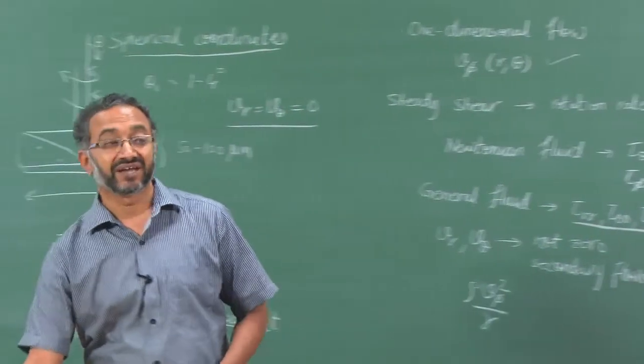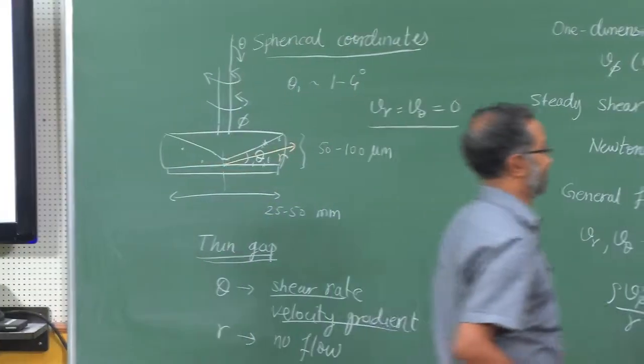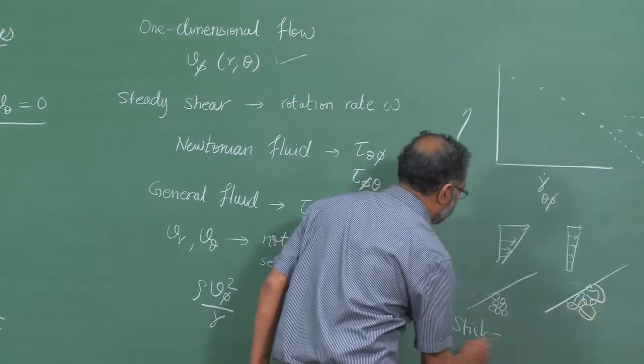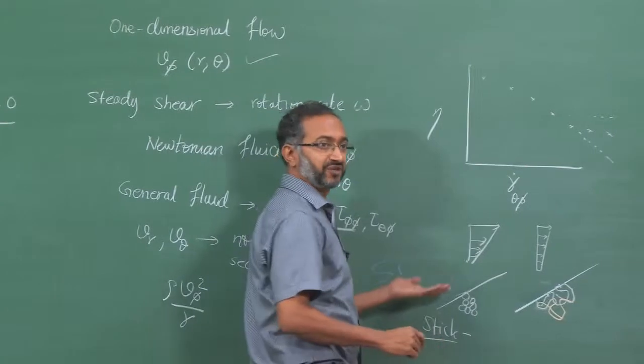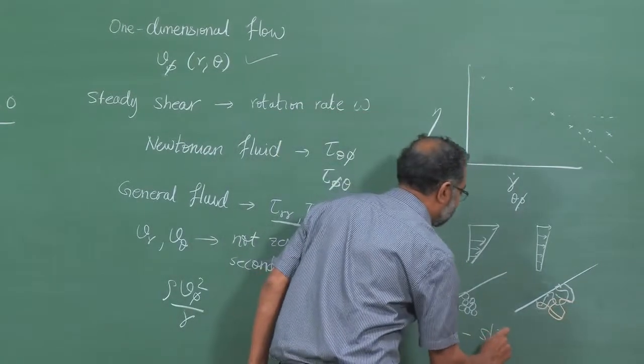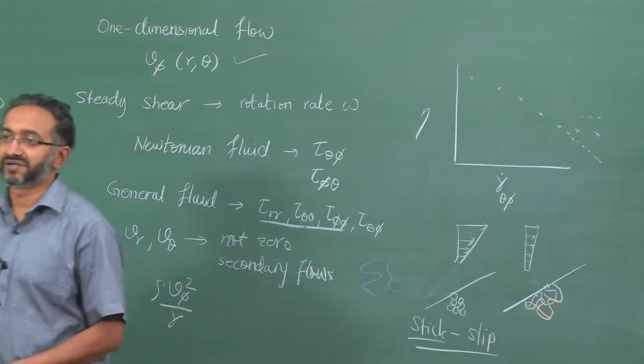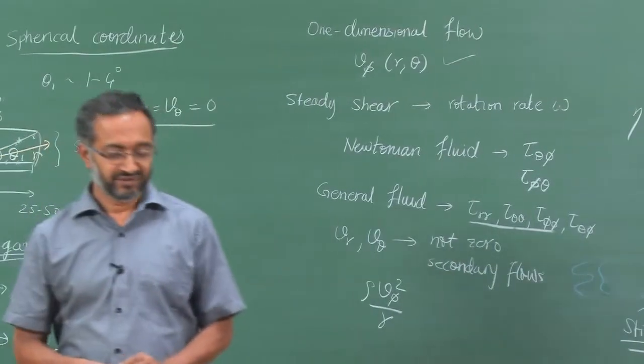So, these are phenomena of stick-slip. The material remains stuck for some time with the top surface and then at some other time it slips. So, a partial slip is observed in such cases.